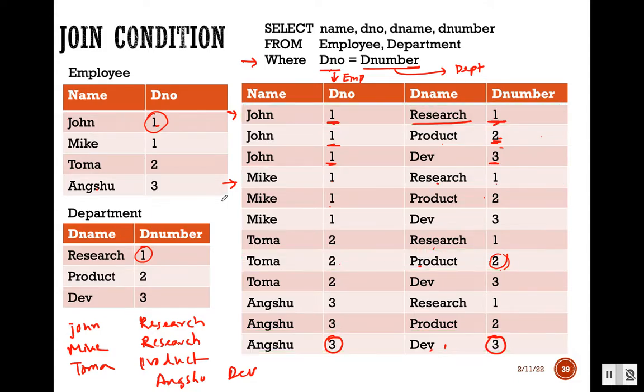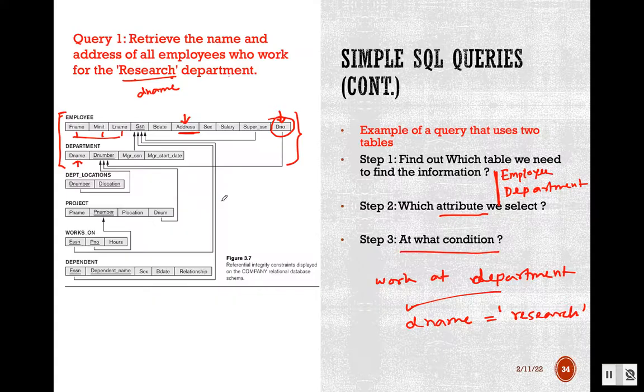All right, now let's go back to our first query. What we want to know: retrieve the name and address of all employees who work in the research department. First we have to find the department name of all employees, then we select where the name of the department is research.